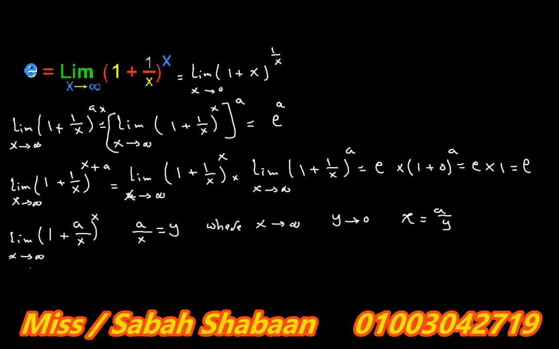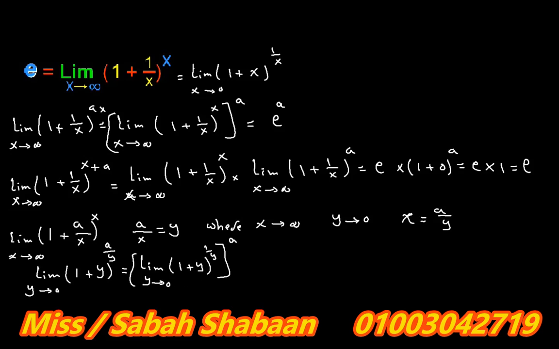We can substitute in the limit: 1 + a/x equals 1 + y and x equals a/y, so it equals the limit of ((1 + y)^(1/y))^a as y tends to 0, and between the brackets the rule gives e, so the result equals e^a. These are three rules.